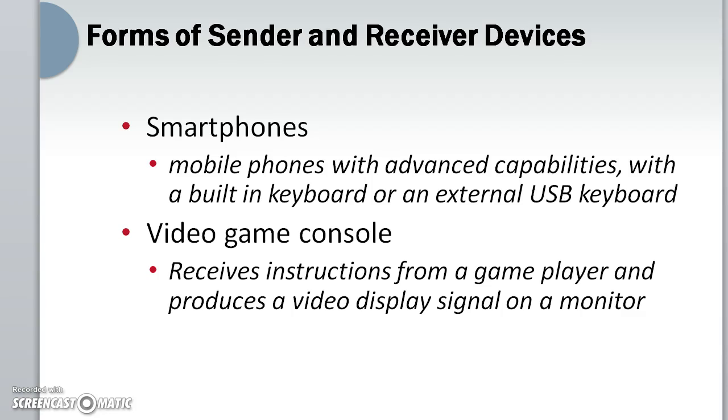Smartphones have advanced capabilities such as email and web browsing, and most of them have a built-in keyboard or external USB keyboard. A video game console is another electronic device that can be used to play games and receive instruction from a game player, and also produces a video display signal on a monitor as well.